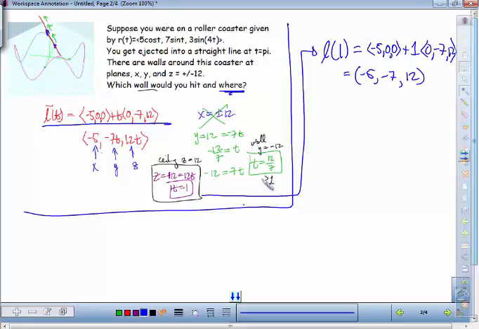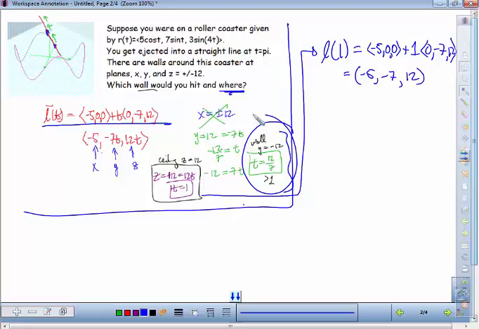I was just saying, say we were ejected off the ceiling. We're going in the direction of the ceiling, so when it hits the ceiling, does it bounce off the ceiling? No, it'll go through the ceiling. That's what this would get us, is what happens if the ball went through the ceiling. But if you didn't go through the ceiling and you bounced off, then that would be a different trajectory, and that would be a different line and a different point.